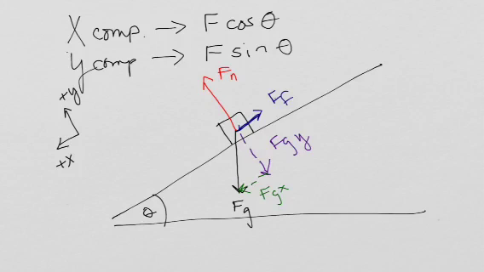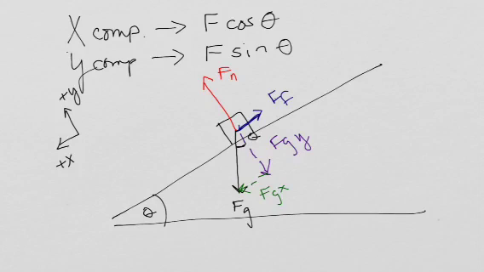Now, if we are playing with regular geometry here, we know that this angle in this little triangle is going to be the same theta as the theta of our incline. They turn out to be the exact same angle. So here's where figuring out the x and y components differs a little from regular vectors.